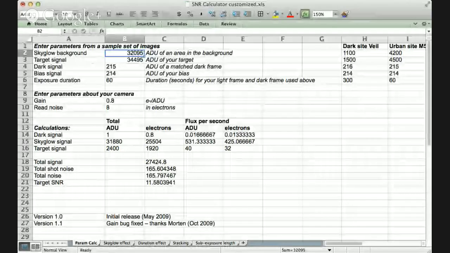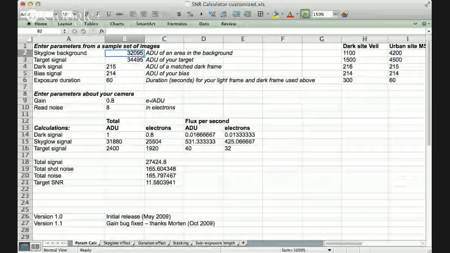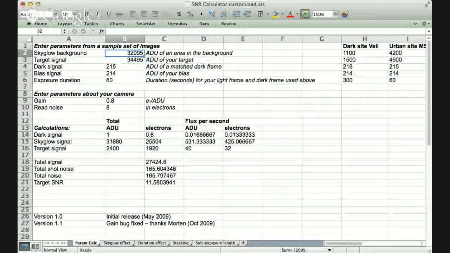So here, what this shows is it says, okay, what is the sky glow background? 32,095. All right, what's the target signal, the ADU of your target? Pick some spot in there. Of course, it's going to vary a little bit, but pick a representative spot that you care about. All right, there it is. How much is the dark signal in a matched dark frame? How much is coming through in a bias frame?